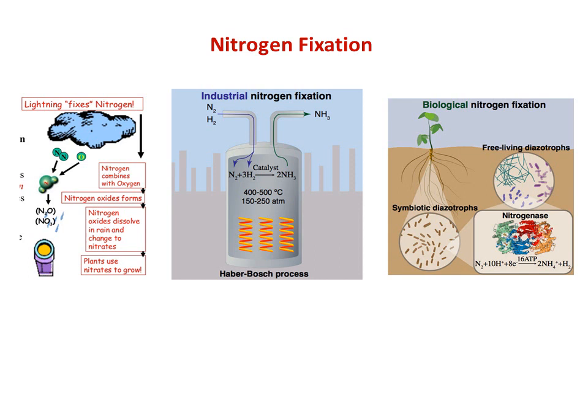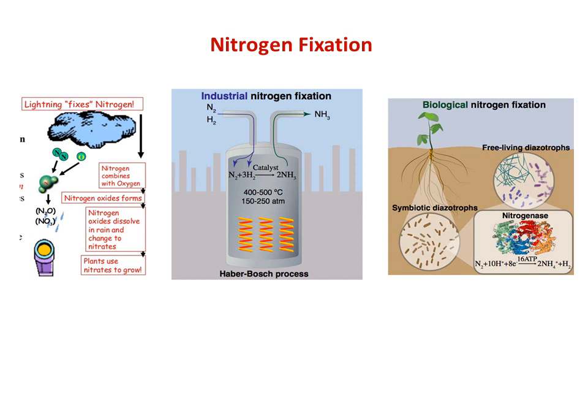Next, industrial nitrogen fixation. This kind of conversion of nitrogen into ammonia is done in industries for the production of fertilizers. The process is called the Haber-Bosch process.